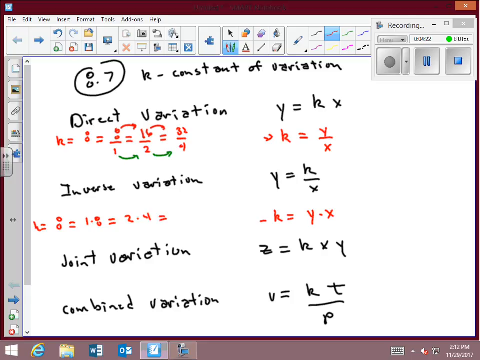If y were 8, x would have to be 1. And you see what's happening is as the y increases, the x decreases. That's inverse. That's direct and inverse variation.